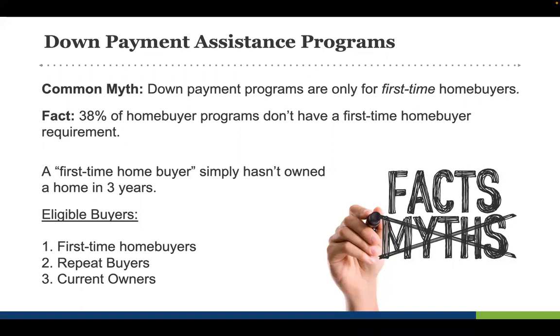So remember the 3-year rule. You are a first-time homebuyer for the purpose of down payment assistance if you have not owned a home in the last 3 years. That will often look like if you have not had titled interest in a primary residence in the last 3 years, but the definitions can vary. Nonetheless, the 3-year rule is basically universal across all of these programs.